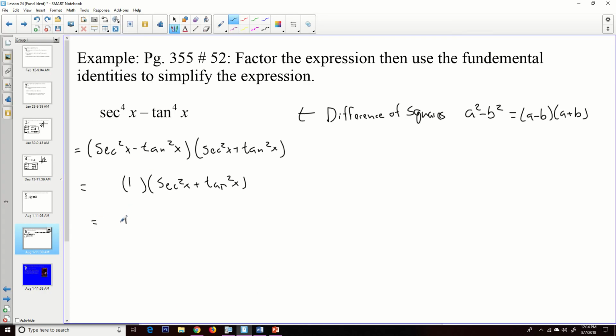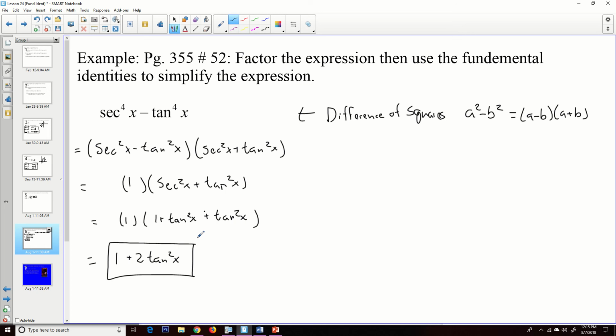So I've got 1, and I've got 1 plus tangent squared x plus tangent squared x. I think the simplest I can do, because 1 times anything is just itself, is collect my like terms and change this to 1 plus 2 tangent squared x. And I don't think I can simplify that any further. So I'm going to put a box around that and be done.